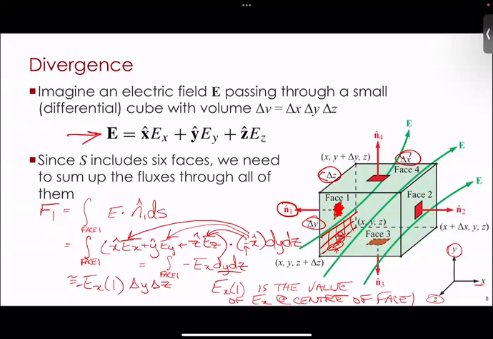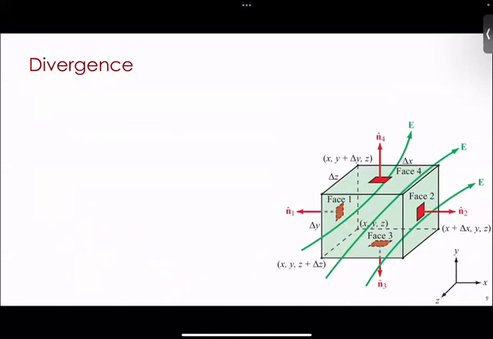All right. What if we did face 2? What would change about that, do you think? Exactly. The only thing different is its n2 hat, which is in the positive x hat direction. That makes that a positive x hat, which makes that positive, and we'd be dealing with the center of face 2. So let me write that down: F2 equals Ex2 delta y delta z.